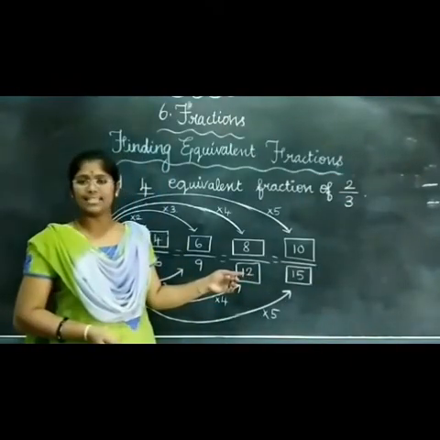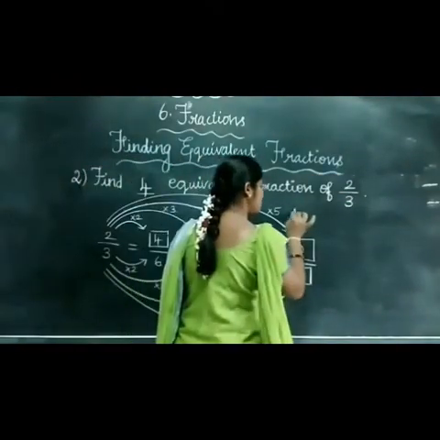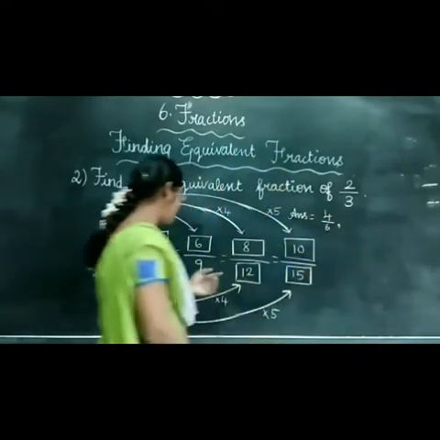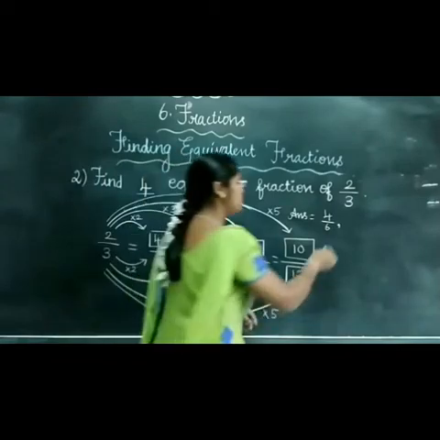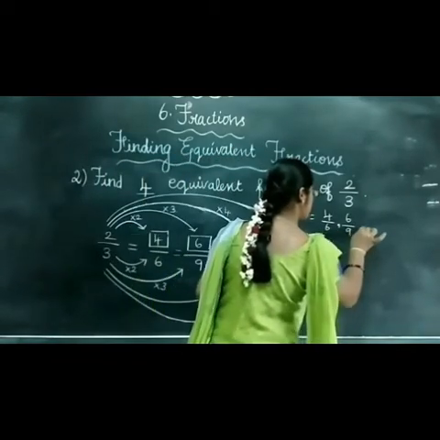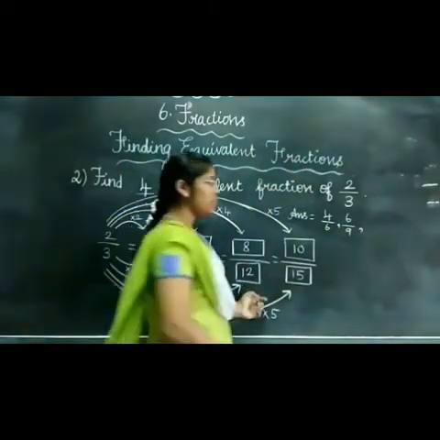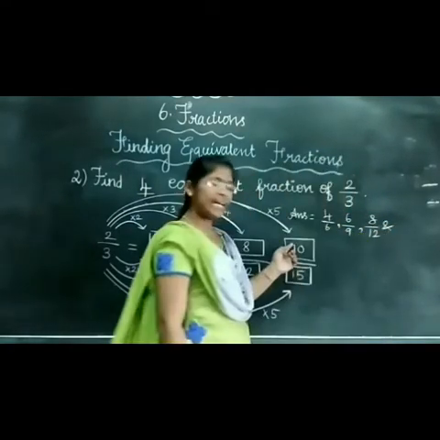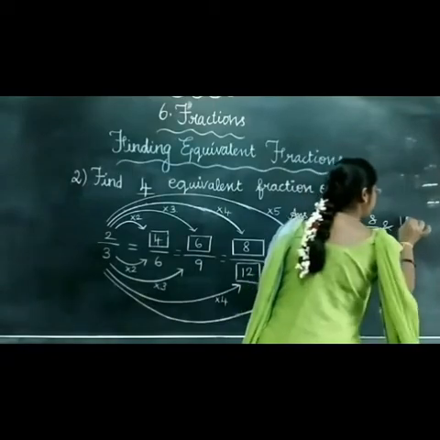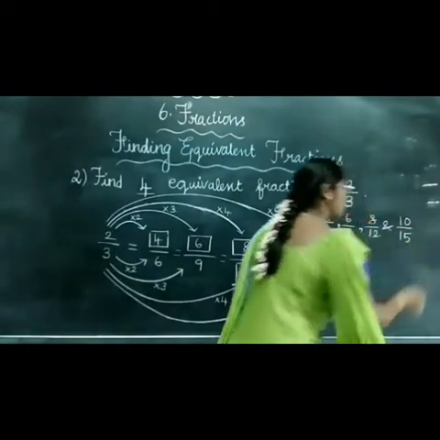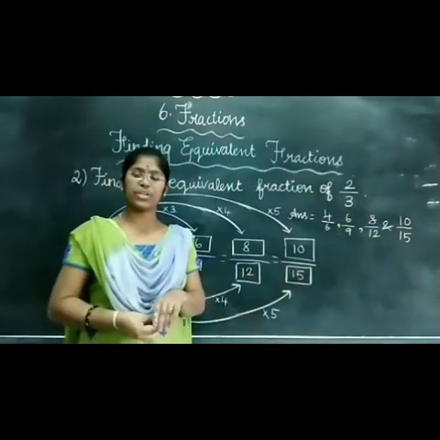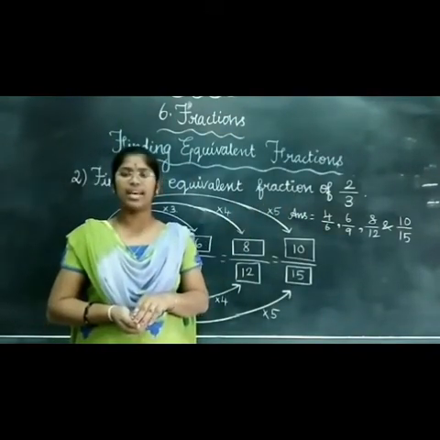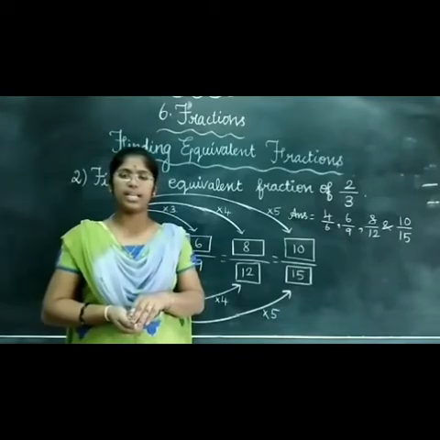At last, the answer is equal to 4 by 6, 6 by 9, 8 by 12 and 10 by 15. These are the first 4 equivalent fractions of 2 by 3. Is it clear children? Can we see one more example?